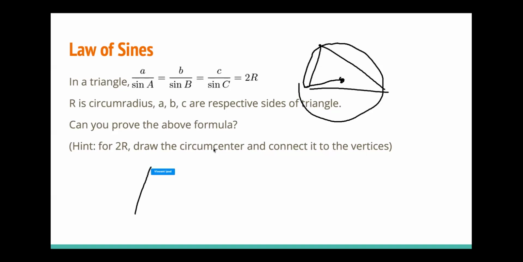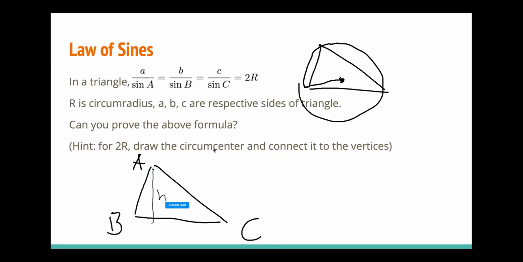So in your triangle, let's say this is A, B, C. And let me get a thinner line. Okay, so this is the height, right? H, as we know from like the second slide or something, H is equal to AB sine angle ABC.